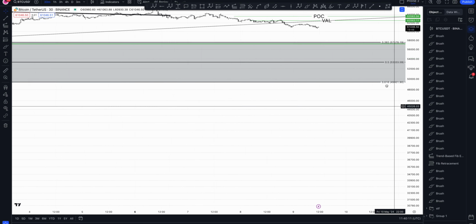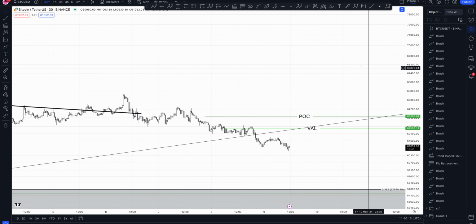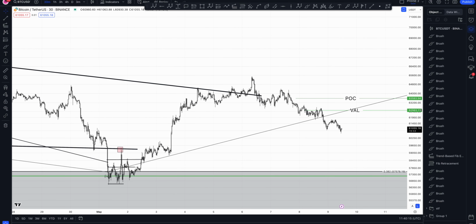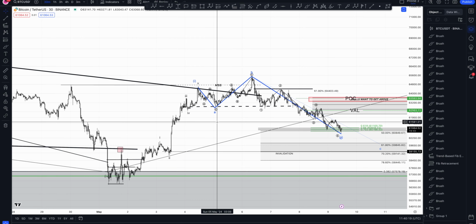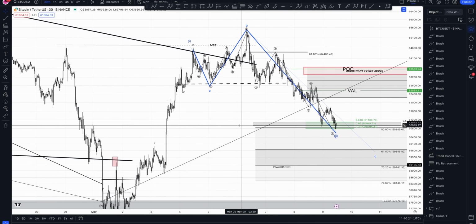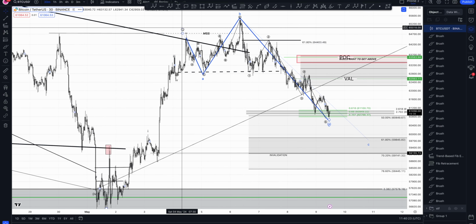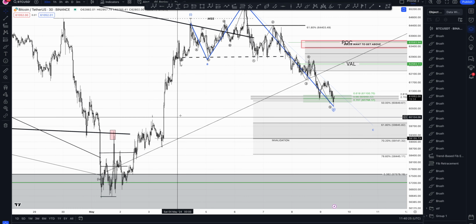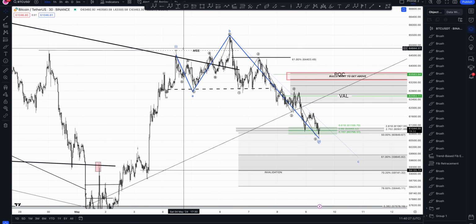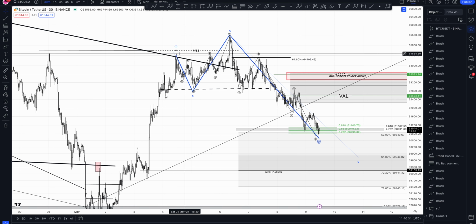Now, what we can do is take a look at this on the small time frame. So this is the small time frame here, and what do we see here? Okay, so we see already 5 waves to the upside. So this is your 5 waves here. This is your wave 1. Had a market structure shift once you took out this A wave high.